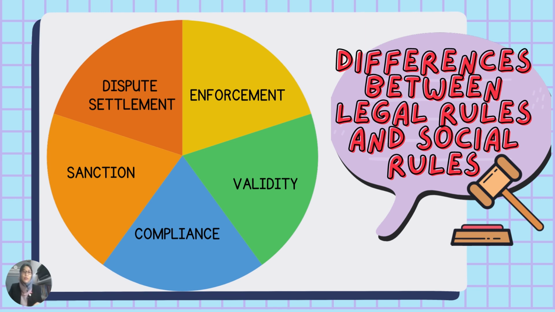And the last one is dispute settlement. For social rules, it depends on the society, because the society will think what is the best mechanism to settle the dispute. While for legal rules, we have legal proceedings to settle the dispute.